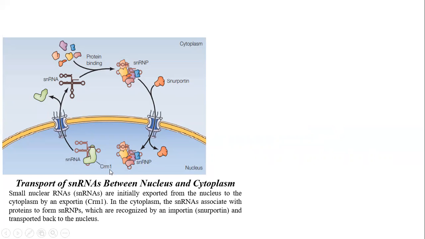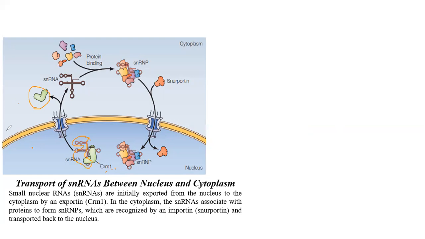CRM1, what is it? The exporting protein, if you remember, right? So this CRM1 will bind to this RNA. Can you see in the diagram? This is your RNA. CRM1 will go and bind to it. So this will help in the transport from the nucleus to the cytoplasm. Now the RNA has come out, and the exporting protein is also outside.